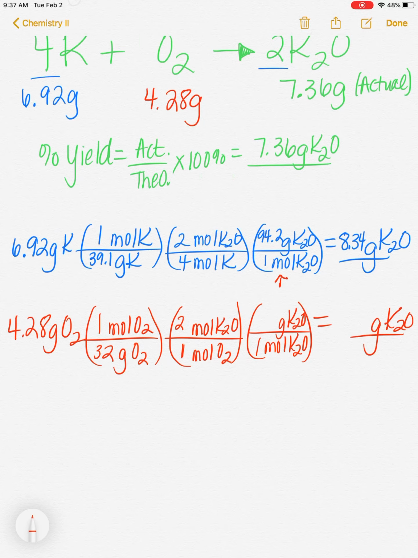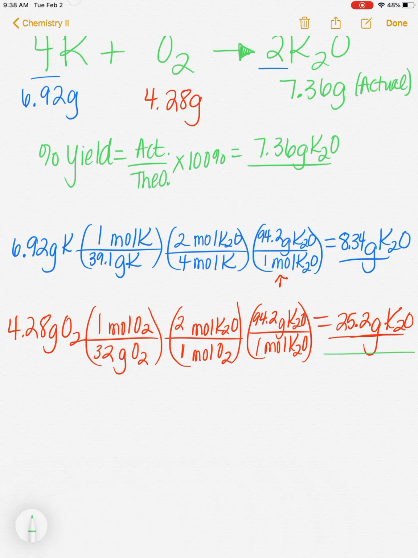And actually, I can just look up here to my last problem where I had already found that there's 94.2 grams in every 1 mole of K2O. So now I'm ready to plug in. I'm going to start with 4.28, divide by 32, multiply by 2, and multiply by 94.2, and I get 25.2 grams of K2O.